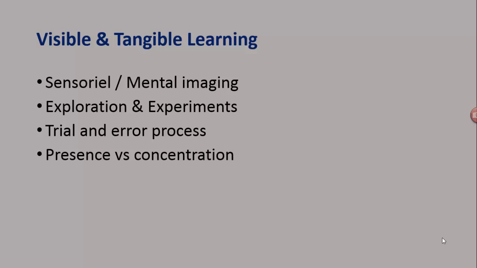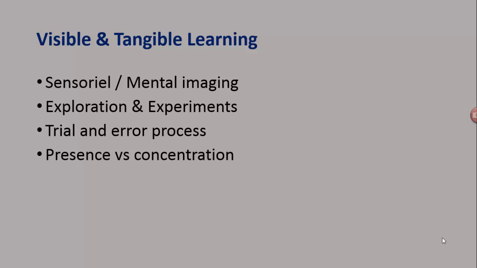What if, instead of concentrating on paying attention, we could provide situations where our learners don't have to be in such a stressful state and can rather use their presence? That means they can let go and be totally open to learning something new, experiment with it, explore it, and if they make mistakes, it doesn't matter because it's part of learning.